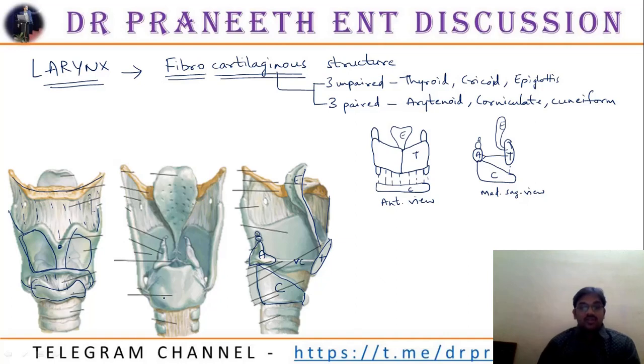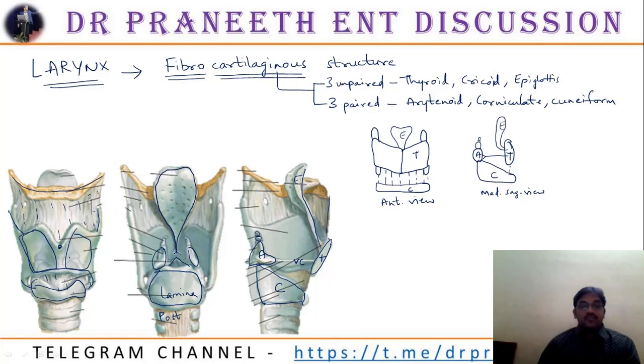This is the posterior view. See how the cricoid has broadened, this is called the lamina, on which on either side your arytenoids will be sitting, and your vocal cords will go anteriorly and attach. To the posterior surface of the midline of the thyroid arises your epiglottis with the help of the thyroepiglottic ligament. And this is the leaf shaped epiglottis.